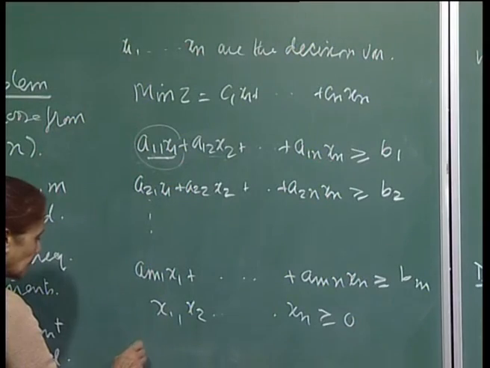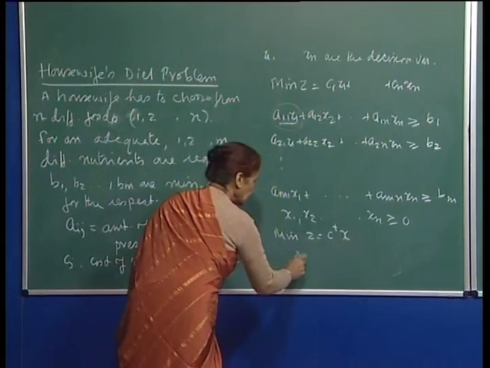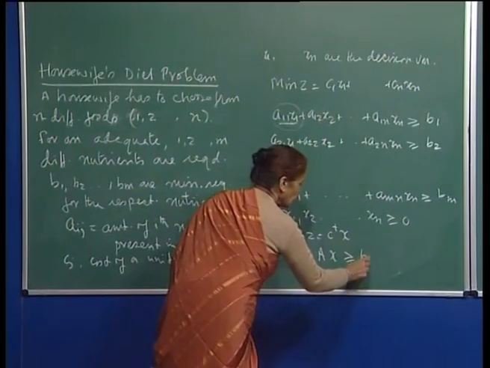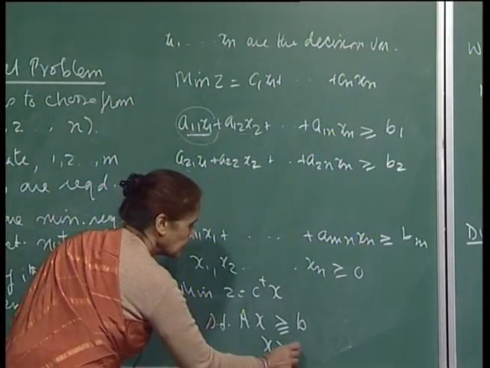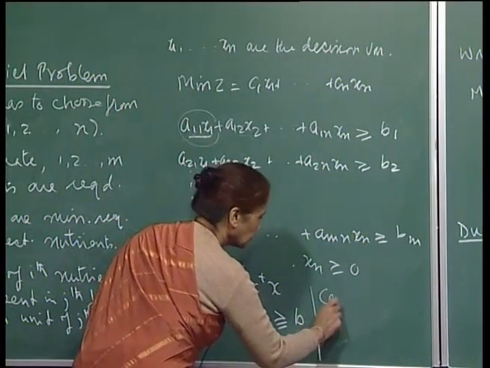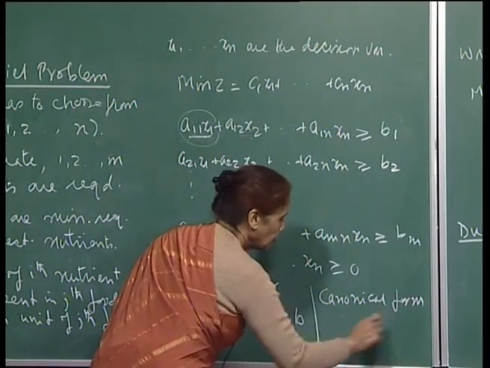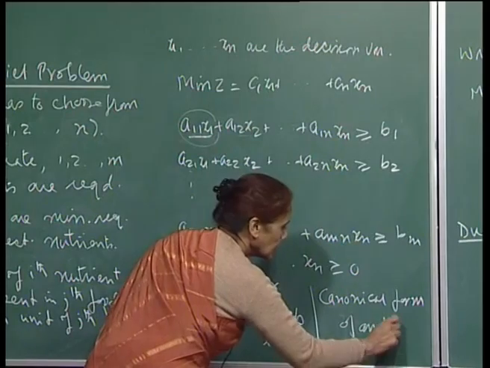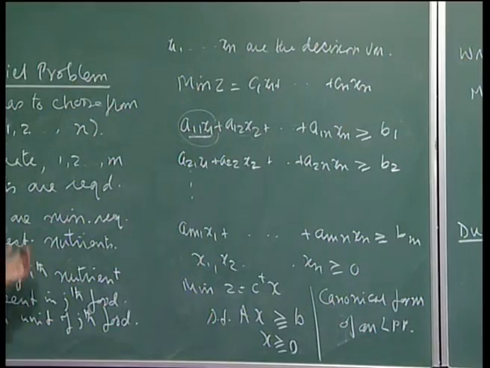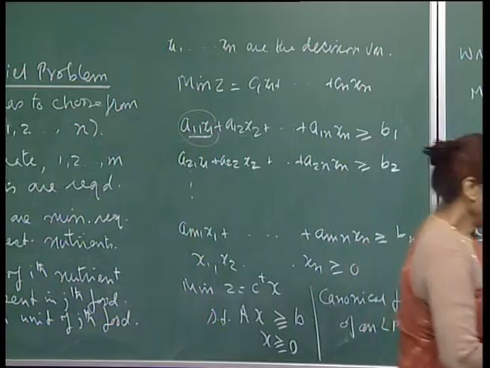Minimize z equal to C transpose x subject to A x greater than or equal to B, x greater than or equal to 0, and this form is known as the canonical form of an LPP. So, minimizing the cost subject to the conditions that your diet is adequate, and this is the housewife's problem.